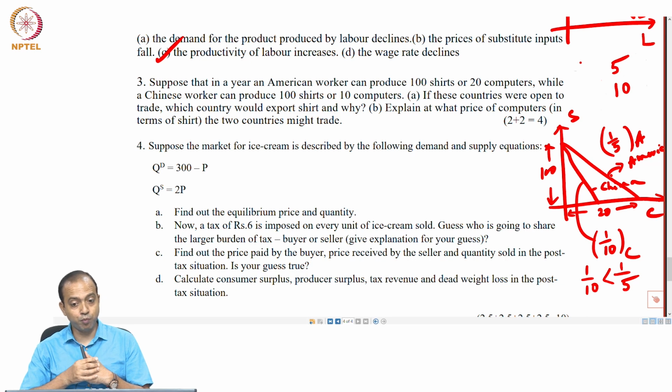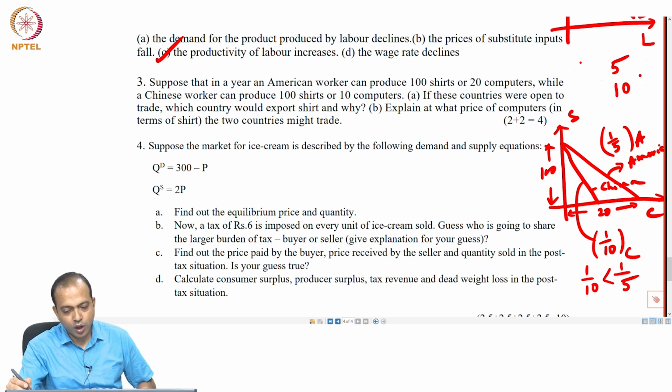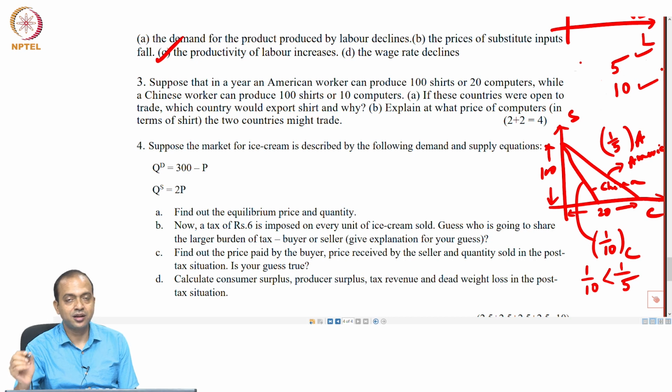The price of computer in terms of cert is actually 5 in America and 10 in China.